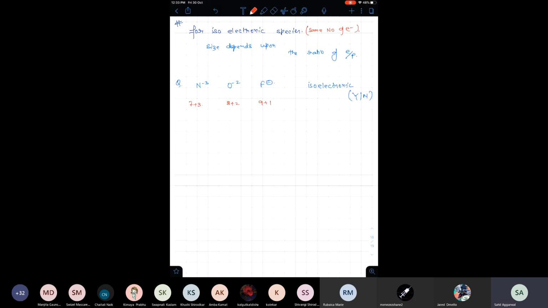Anyone who does not know which are isoelectronic, when to add electrons, when to subtract electrons? ऐसा कोई है जिसको नहीं पता कि कब इलेक्ट्रॉन ऐड करना है, कब सब्ट्रैक्ट करना है? Because these things will come in other classes, coming chapters also. In case of anions, we have to add electrons. In case of cations, we have to remove electrons.